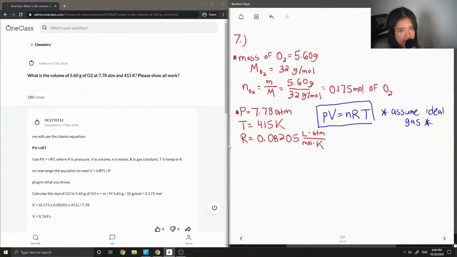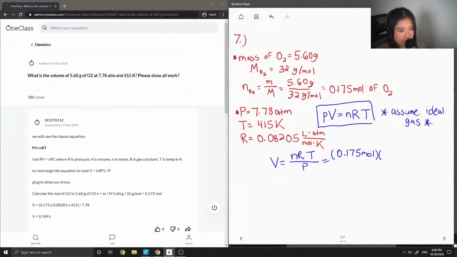Okay, so if we rearrange the PV equals nRT equation, we can solve for volume, which is just going to be nRT over pressure. And then I'm just going to plug in what we have. So 0.175 moles.